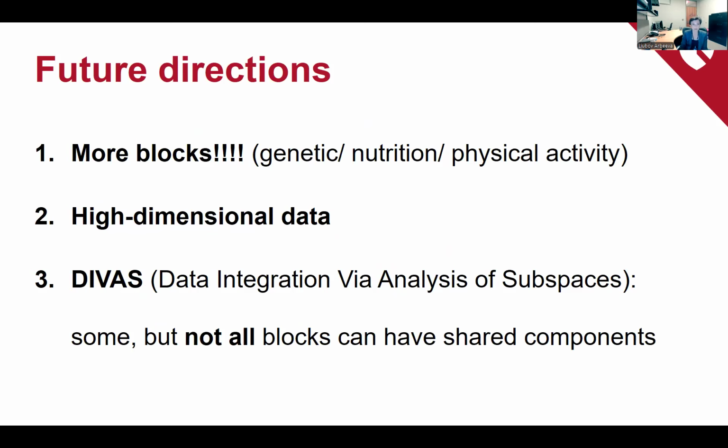So, what is next? You all probably know the joke that if you torture the data long enough, it will confess. So in my opinion, AJIVE is a great way to explore data, specifically multidimensional data from different sources like genetic, nutrition, physical activity, to name a few, without having to torture the data.